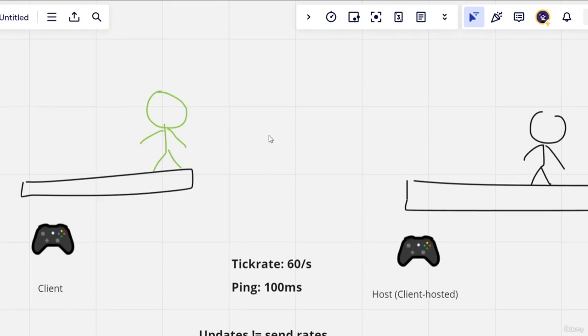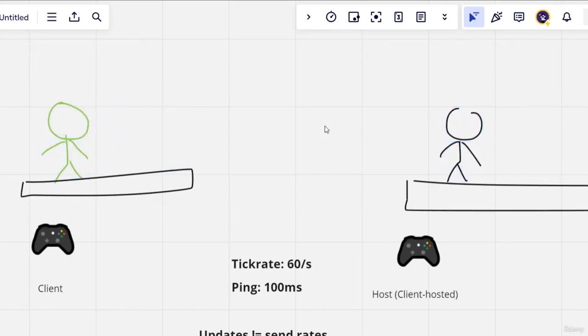Now, this is really not good for competitive games. Don't worry, there's a technology to mitigate this kind of issue, and that's why we're going to talk about client-side prediction. Client-side prediction lets us predict our movement based on our input without waiting on the server. Now, let's go back our player to its original position.